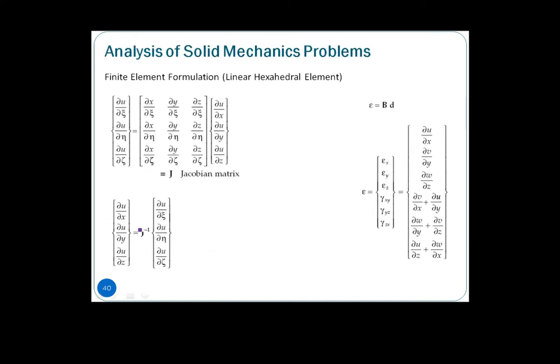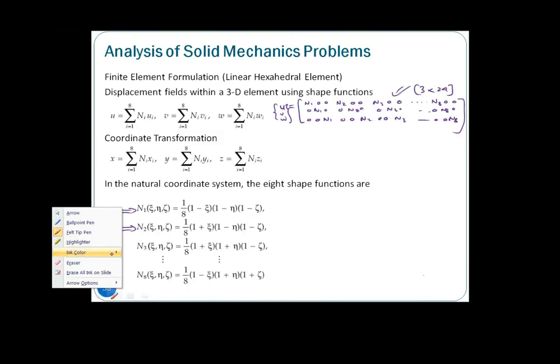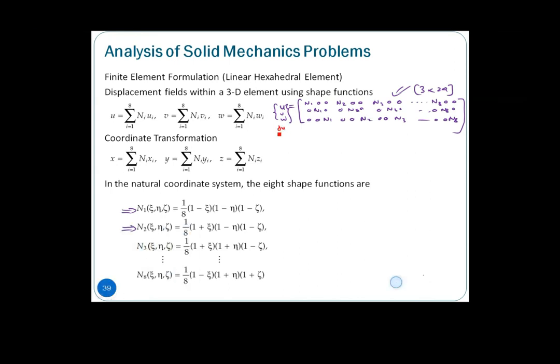So from here itself, we can find del u del psi, del u del eta, del u del zeta, then del v del psi, del v del eta, del v del zeta, and del w del psi, del w del eta, del w del zeta.